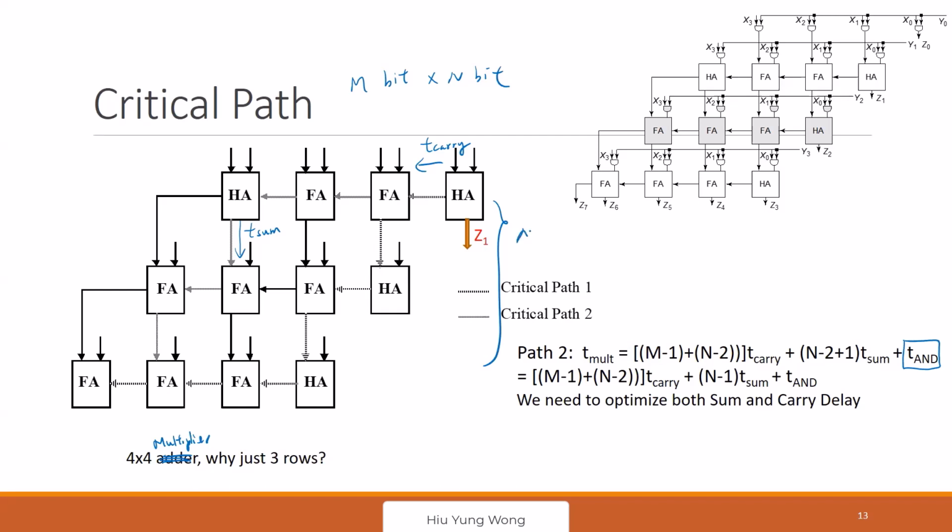It's going to be n minus 2 t carry, right? Because you have n bits and I only have n minus 1 rows. So it's going to be n minus 2 t carry, right? So if you look at here, this is 1 t carry, this is another t carry, right? So here you actually have n minus 2 t carry.